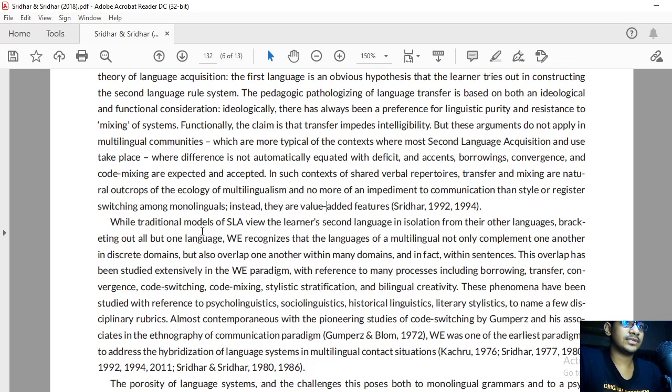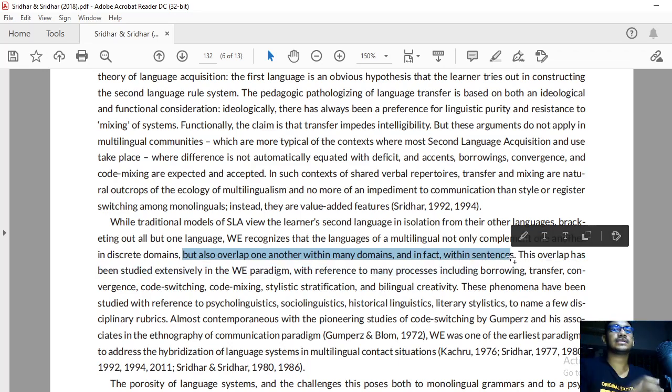While traditional models of SLA view the learner's second language in isolation from their other languages, bracketing out all but one language, World Englishes was more accepting. It recognizes that the languages of a multilingual not only complement one another in discrete domains, discrete meaning separate, but also overlap one another within many domains, and in fact within sentences.